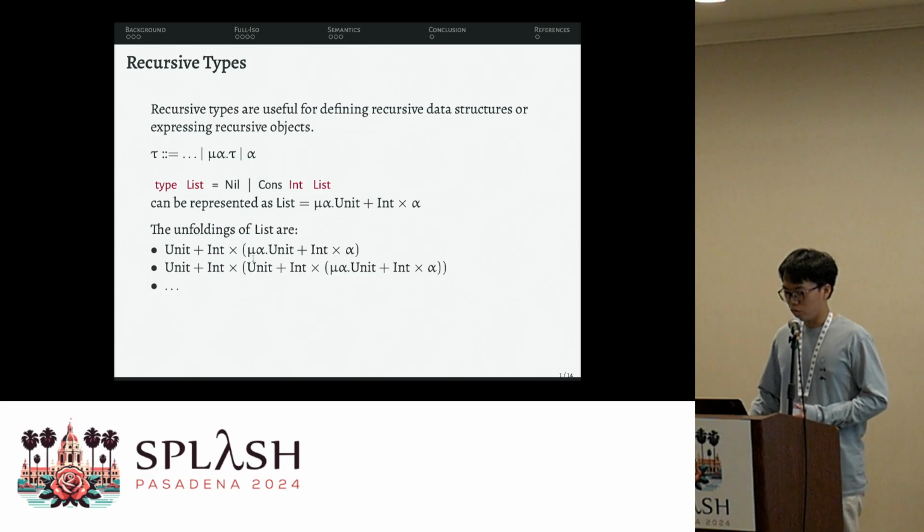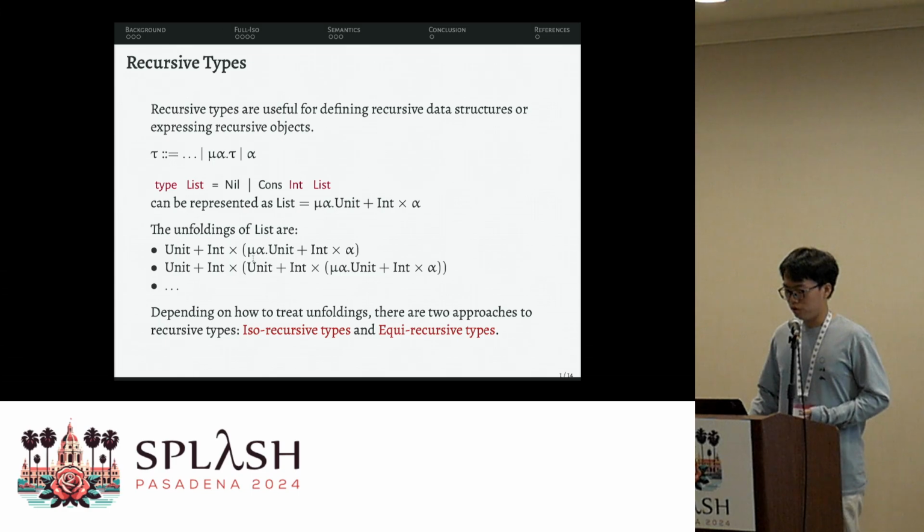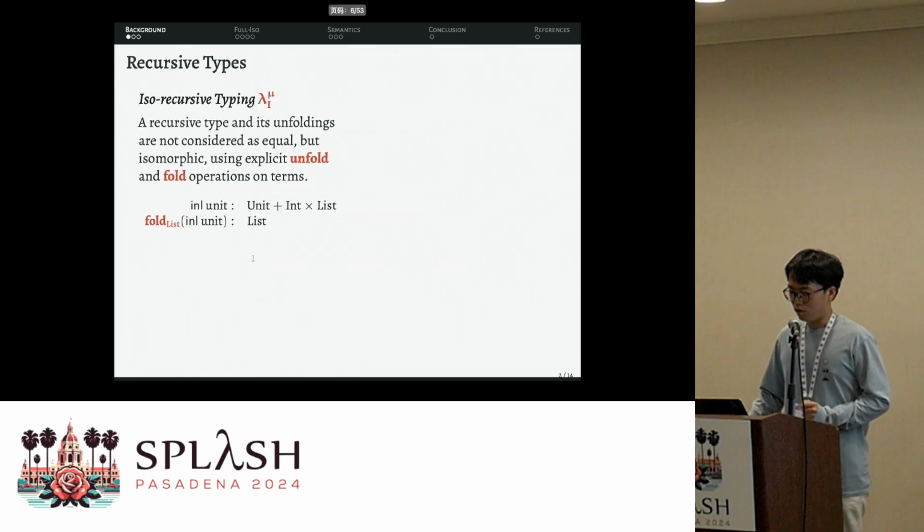Depending on the way you treat your unfoldings in your type system, there have been two ways to approach recursive types: iso-recursive types and equi-recursive types. Iso-recursive types treat recursive types and their unfoldings as not equal, but isomorphic. For example, you have this inL unit that can be directly typed as the unfolded type.